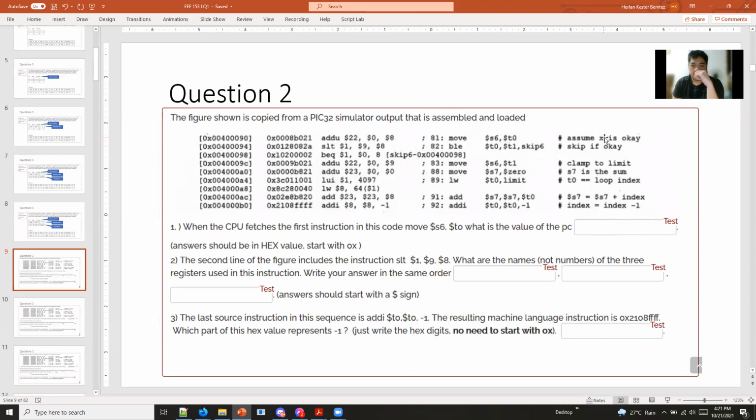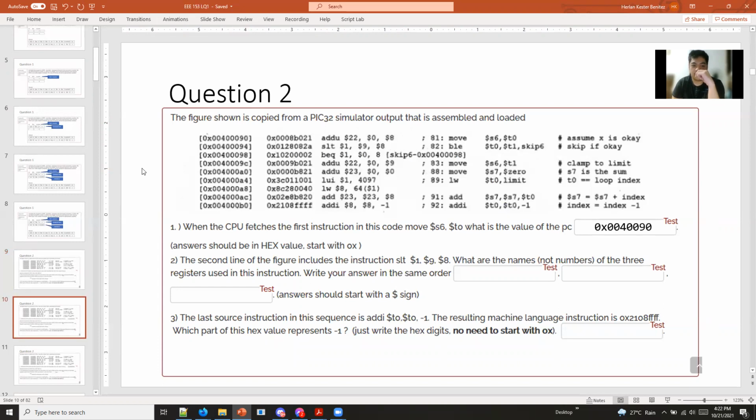So yung first line natin dito, ang pinaka-leftmost siya yung ating address ng ating instruction. Ito naman yung binary equivalent ng instruction, and ito yung actual na instruction in assembly. Ito yung tawag natin pseudo instruction na ginagawa ng assembler. So since sa first column yung address ng instruction, kakopyahin na natin tong 400090.